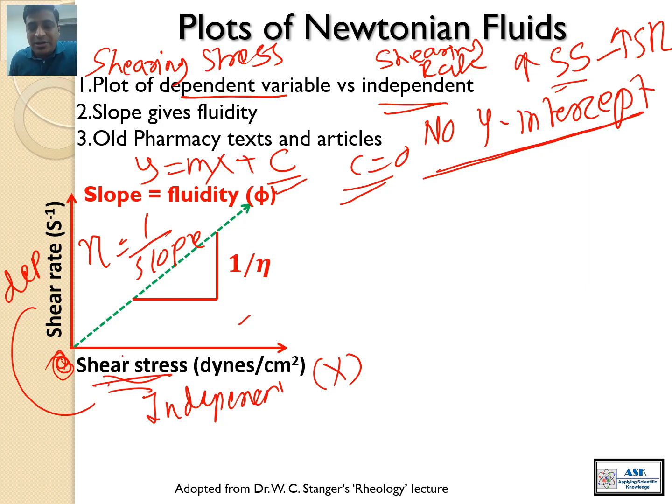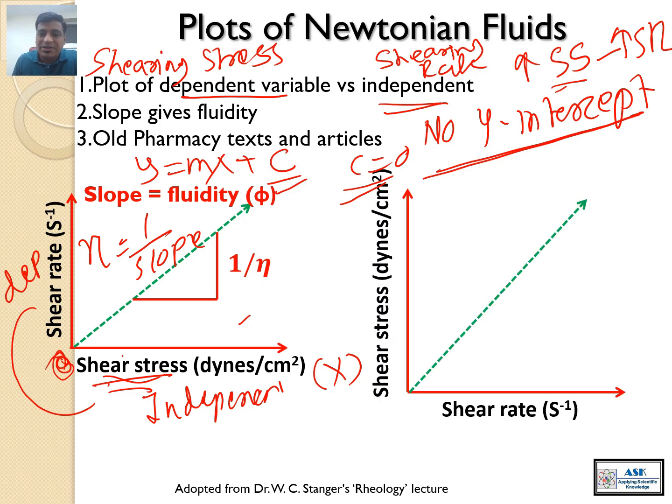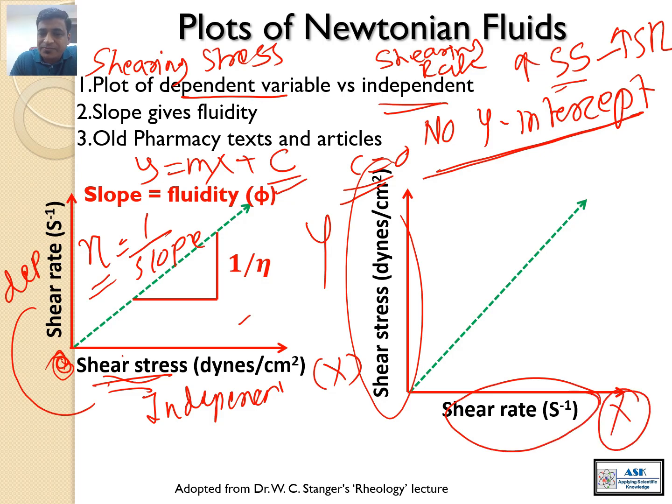But as we know, in pharmacy we are a little bit lazy, and that's why we decided to switch things, because we are always interested in viscosity, not in fluidity. So we decided to put shearing stress on the y-axis and shearing rate on the x-axis, and then from the slope you directly get the viscosity.